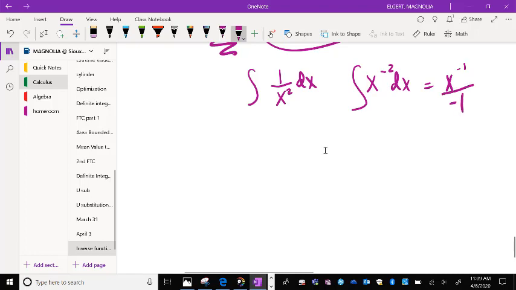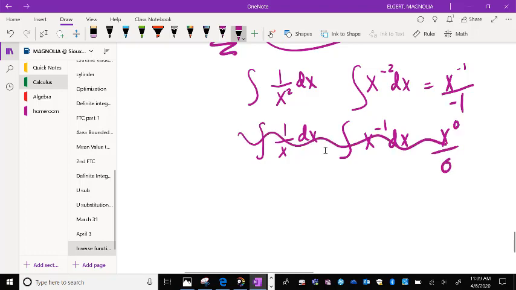That's the antiderivative. Notice in all the problems I gave you, I never gave you 1 over x. The reason is, if you rewrite that, it's x to the negative 1 dx, and if you add 1, you get x to the 0 divided by 0, which we know you can't do. That means this one is special, and that's part of the natural log.